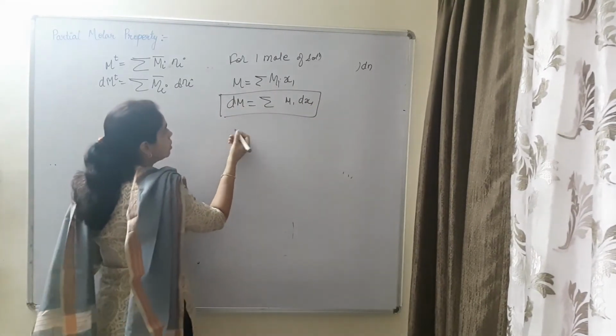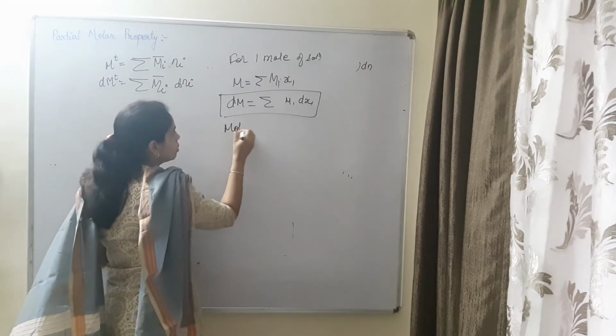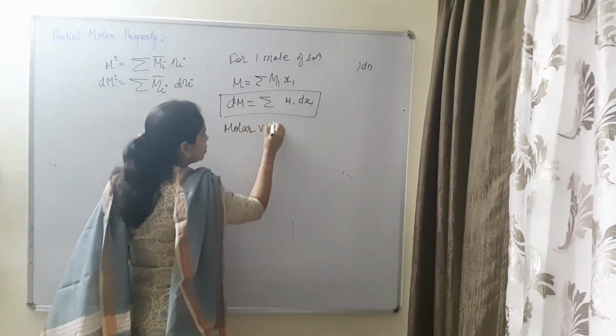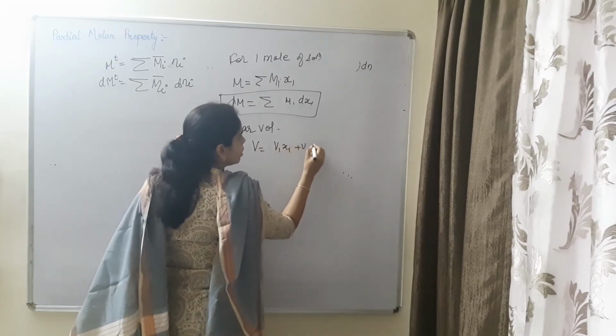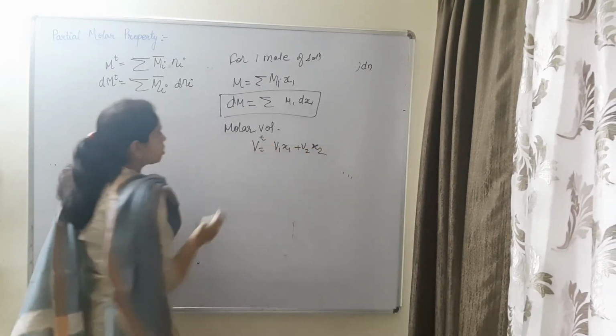Similarly you can write for the molar volume also. So molar volume V is equal to V1 x1 plus V2 x2. This is the total volume.